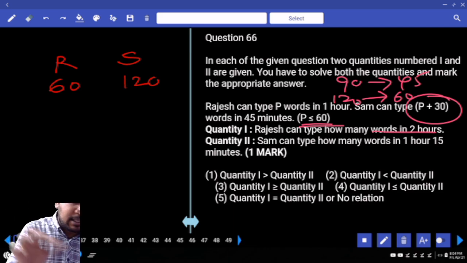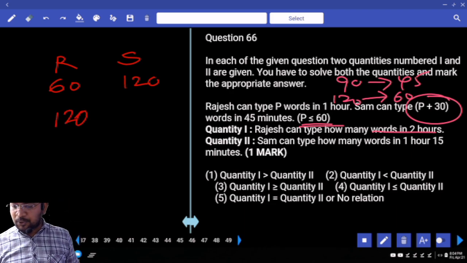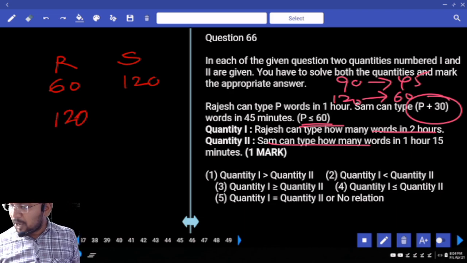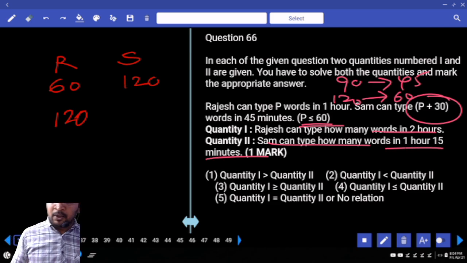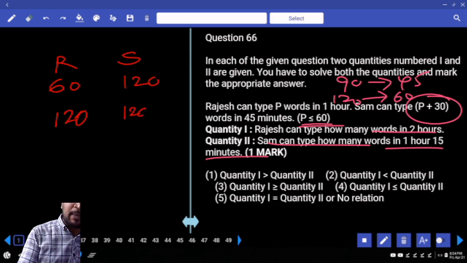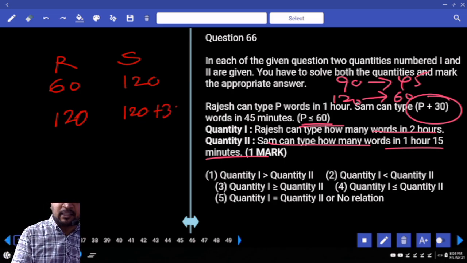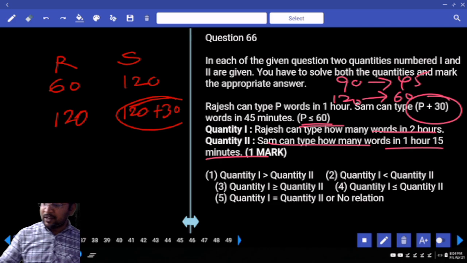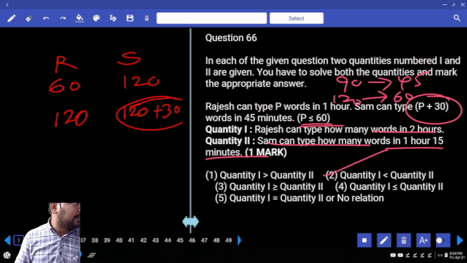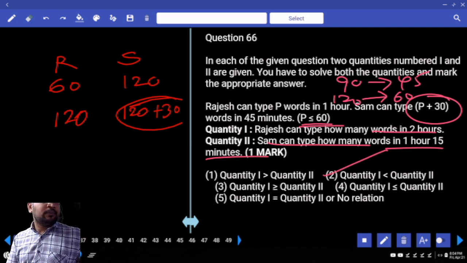Nana, this is just Rajesh. Rajesh, 2 hours, how much, Nana? 120. 1 hour 60, 2 hours 120. Sam can type how many words in 1 hour 15 minutes? 1 hour 15 minutes is nothing but 120 plus 1 by 4th of the hour. 1 by 4th of the hour is nothing but 30, and the quantity 1 is less than quantity 2. Are you clear?